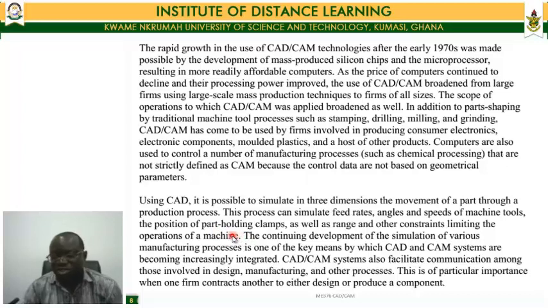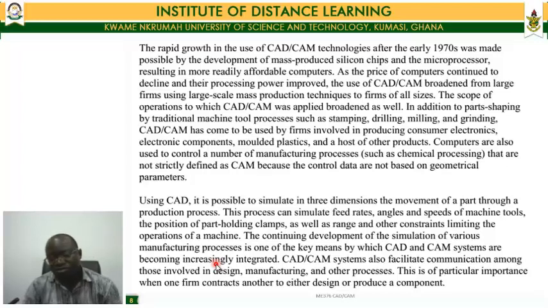You could see that computers are also involved in the control of a number of manufacturing processes, such as in chemical processing, where you see a lot of computers being used in controlling processes, and they may not be strictly defined as CAM because the data is not based on geometric parameters, but the computer is greatly involved in controlling some of these manufacturing processes.